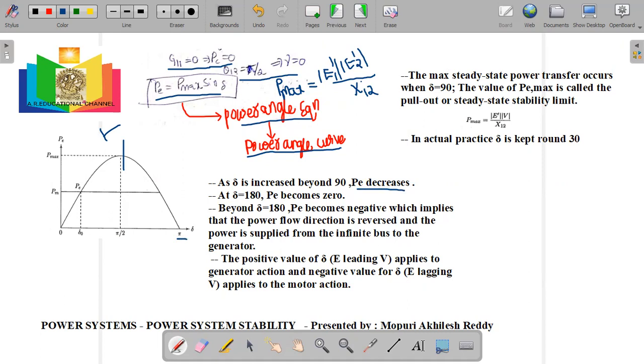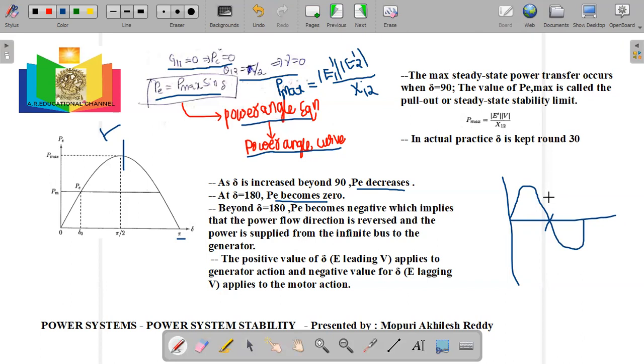When del reaches 180 degrees, PE will become 0. This is 0 to 180, and beyond 180 we get a negative graph like this. So beyond 180, PE becomes negative, which implies the power flow direction is reversed.